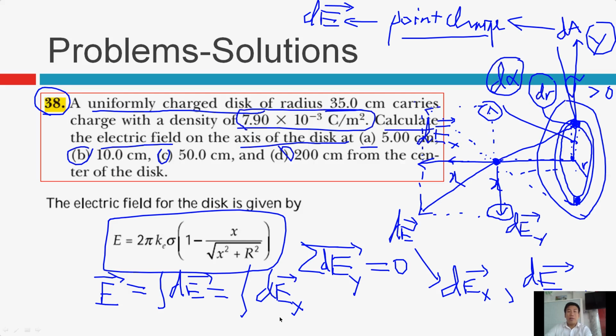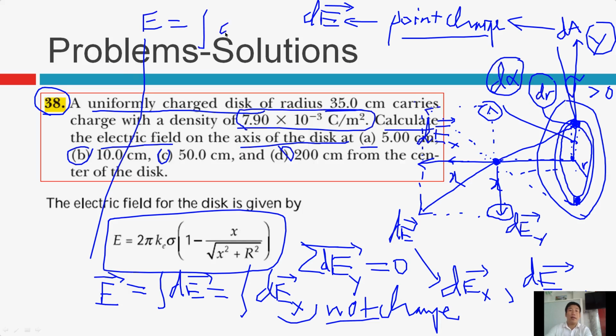And because the direction of dE is not changed, so what should we do? In the case the direction is not changed, we don't need the vector. It means that we have E equal integrate dEx. Okay. The problem right now becomes the problem that we need to solve. We need to calculate the integral of dEx.